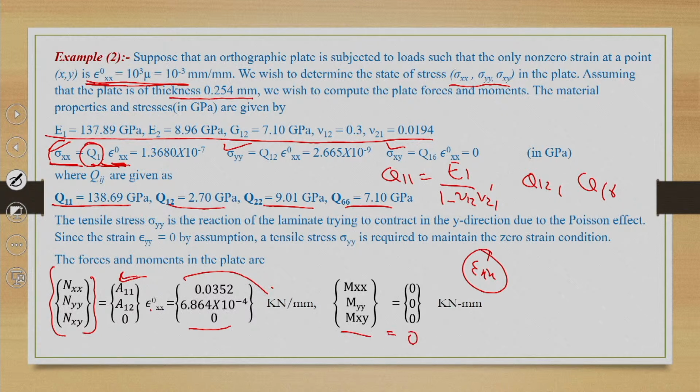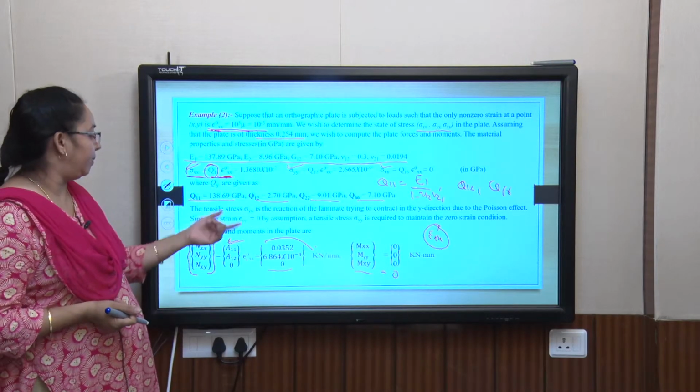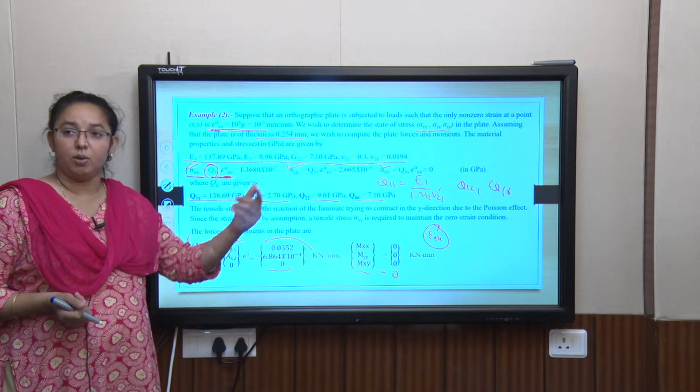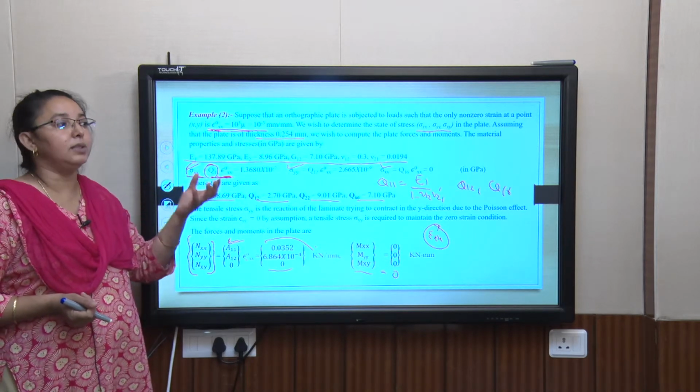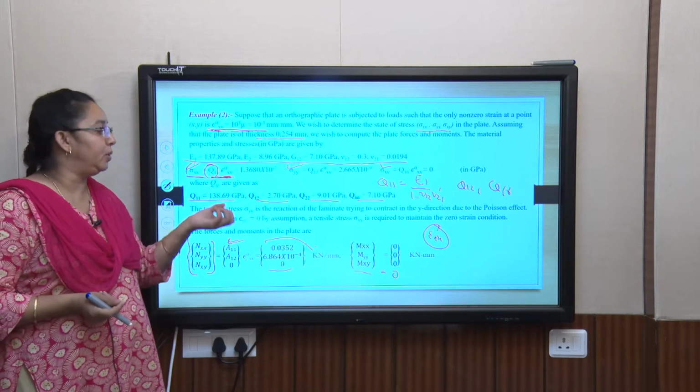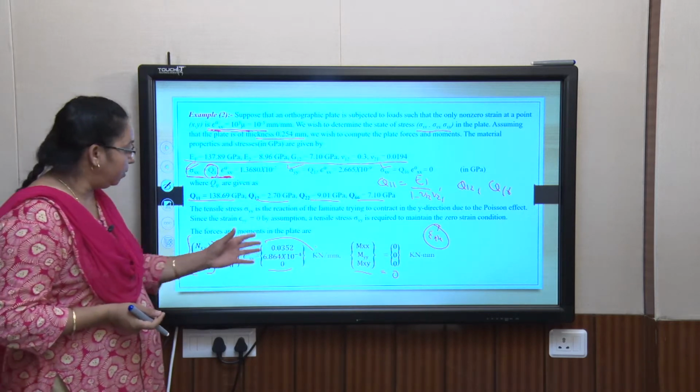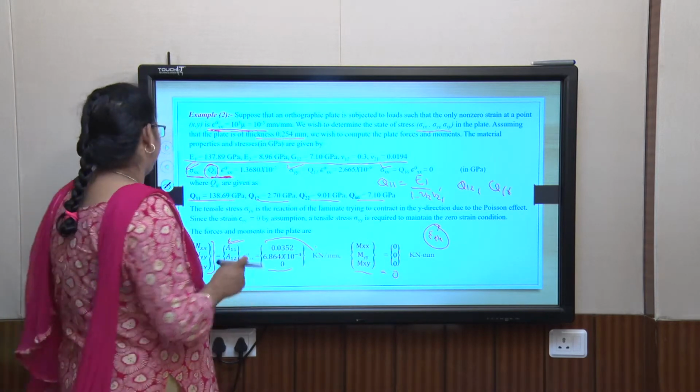So, for these types of questions or numericals, when you are going to make a program for a plate, you must know these formulas, how to evaluate them, because you are going to use them. At the end of the day, you need some numbers: deflection should be in some numbers, moment should be in some numbers. So, you have to evaluate these things.